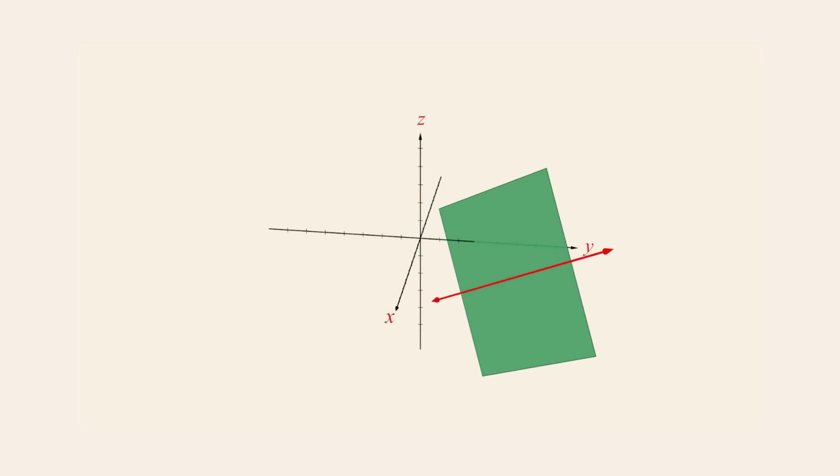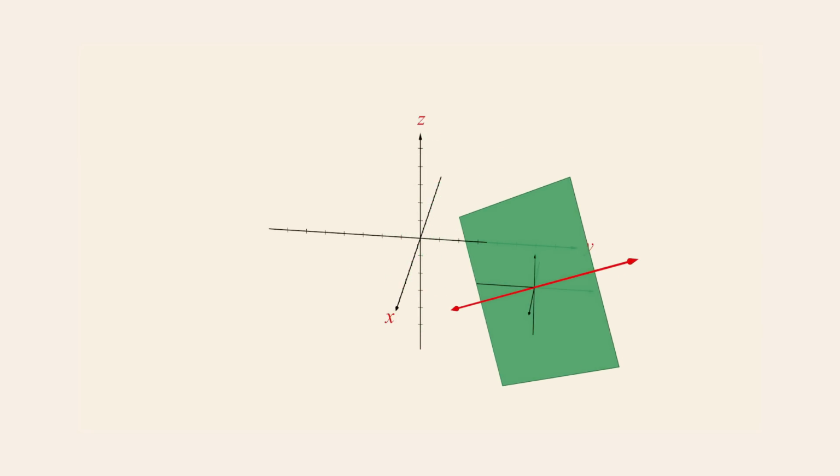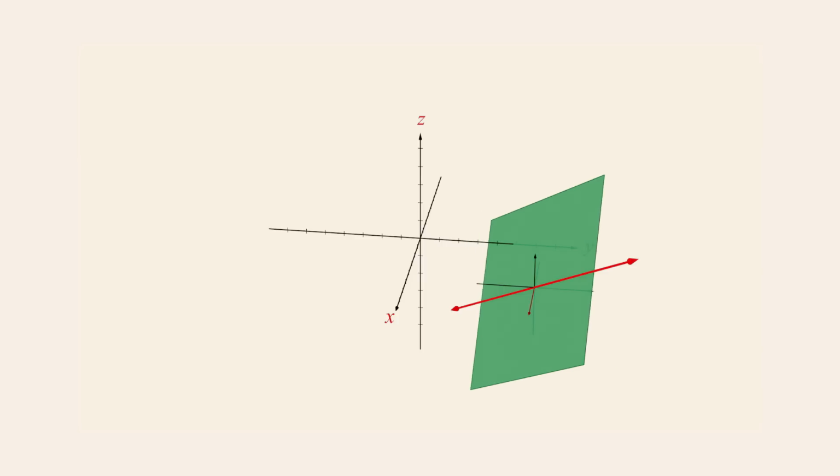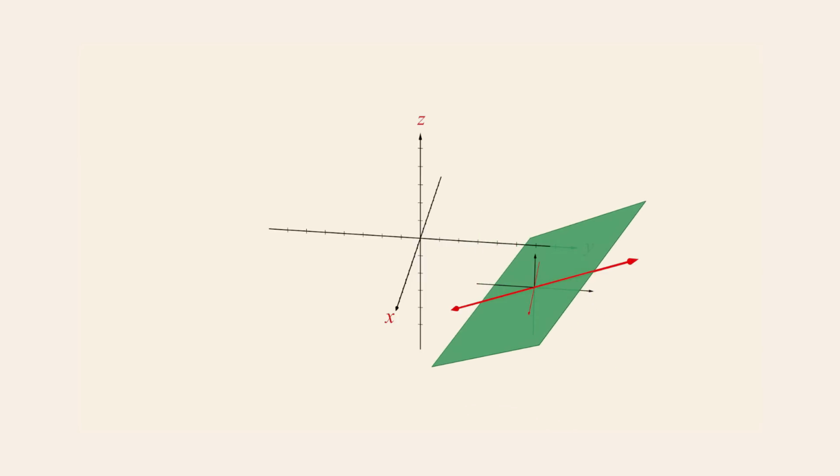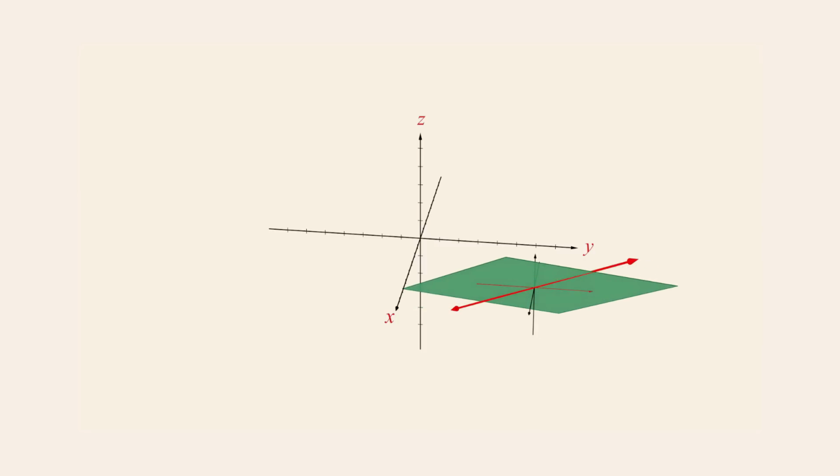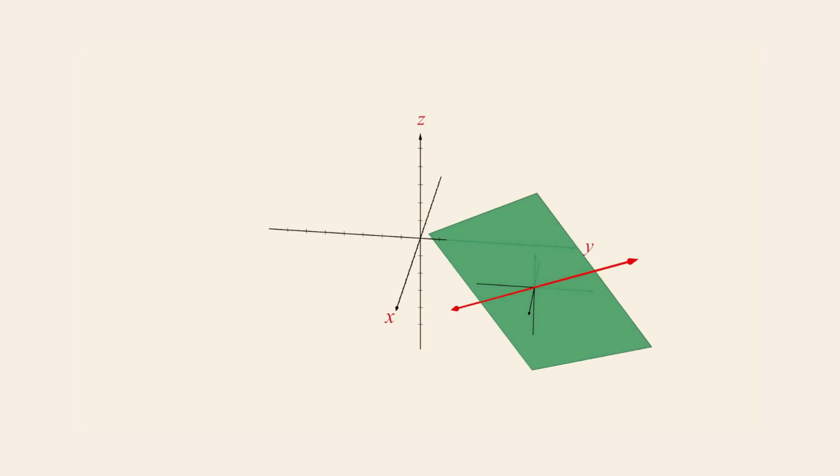Likewise, when the line of intersection does not pass through the origin, there will always be an orientation where the plane is parallel to the x-axis, y-axis, or z-axis.